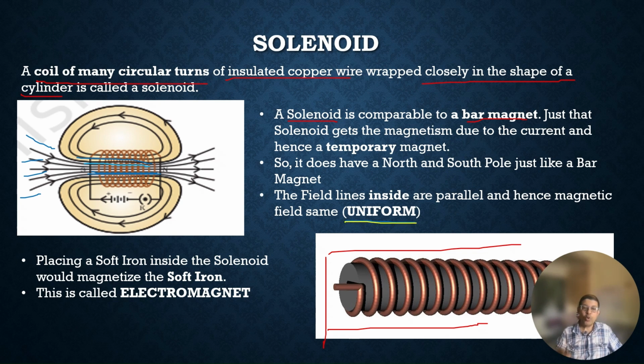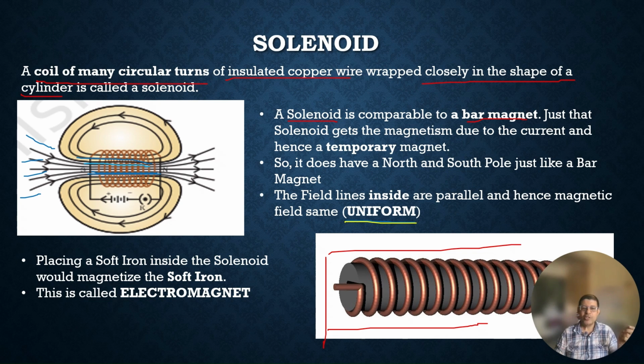Okay. Now in this solenoid, if I place a soft iron inside the solenoid, like this, in the second diagram shown here, multiple copper turns are shown, and in those copper turns we have put a soft iron. It may not be black in color. Mostly they are shining in color, mostly like aluminum.